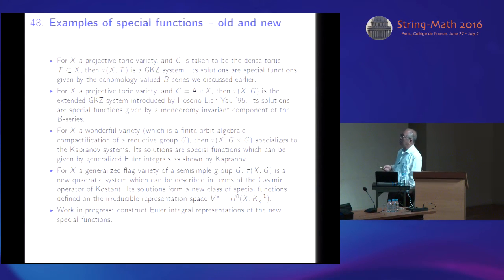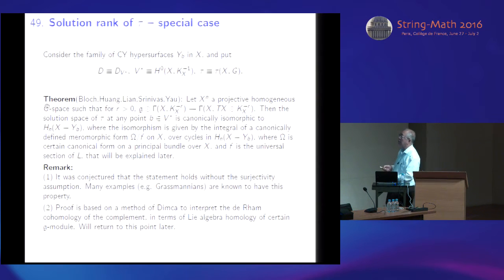As we mentioned earlier, there's some work due to Kapranov, which is a special case of what we did here. And we are trying to do the Euler integral representation of these special functions, actually. We are still working on it.